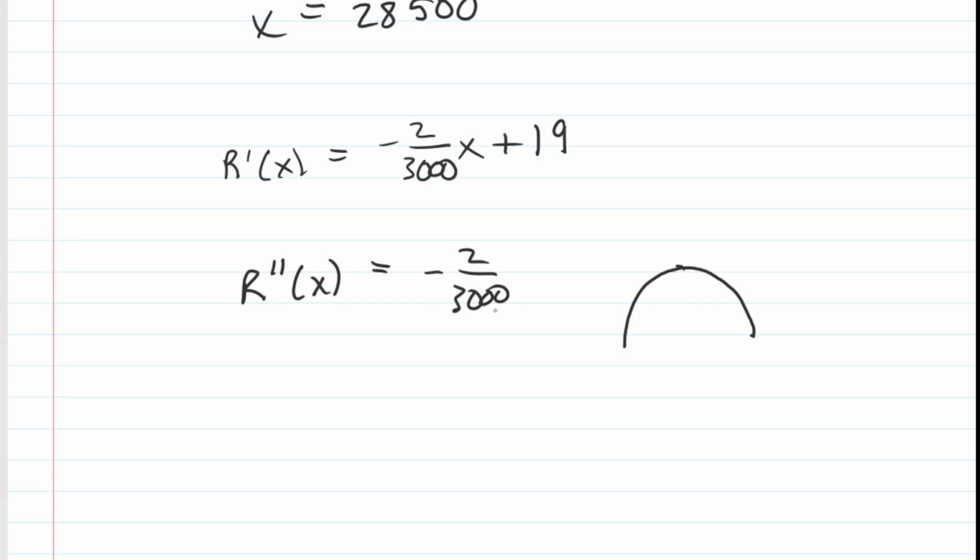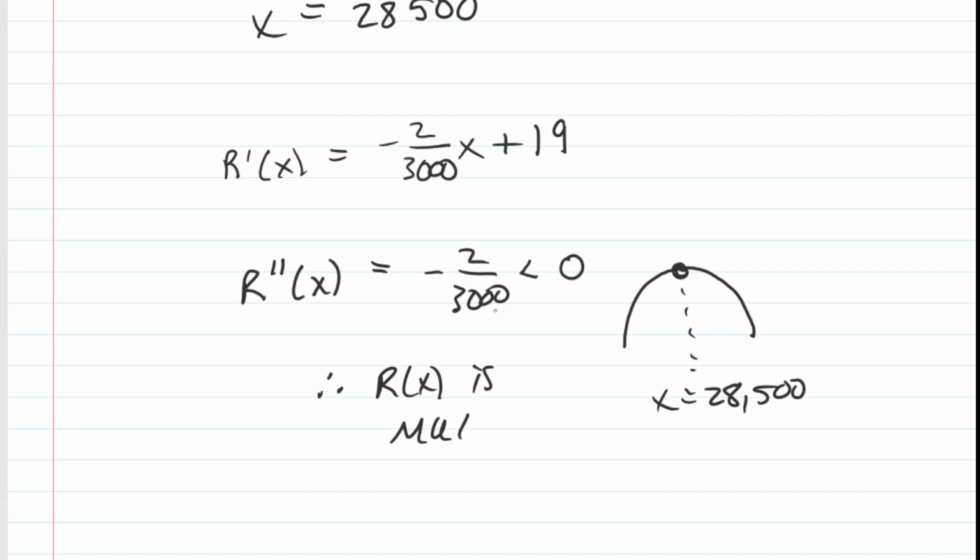So if you think about that point that we found earlier, where x was equal to 28,500, the second derivative tells us that the function is concave down, and that shows us that indeed it is a maximum. So your teacher would probably want you to say that this is less than 0, which is just a fancy way of saying it's negative, and therefore, according to the second derivative test, the revenue is maximized. And that is maximized when x is equal to 28,500.